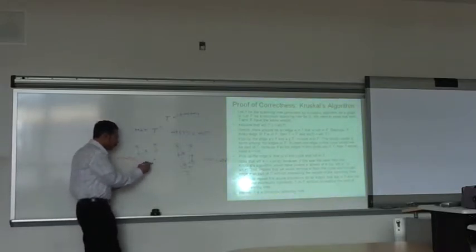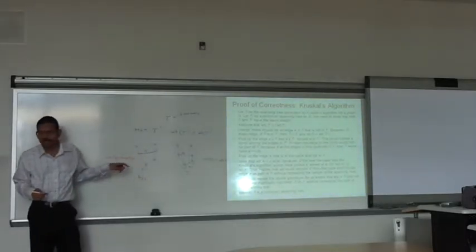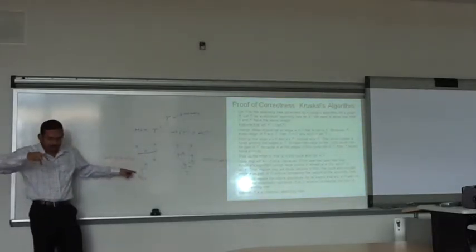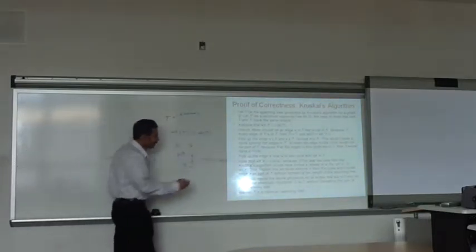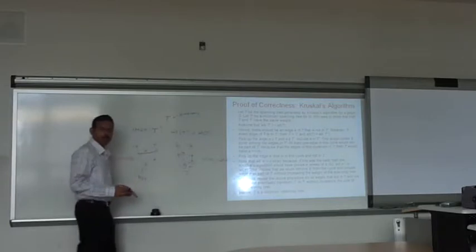We could remove E prime from the cycle and make E part of this tree. And by doing that, we can only further reduce the weight because we have established the weight of E is less than the weight of E prime.